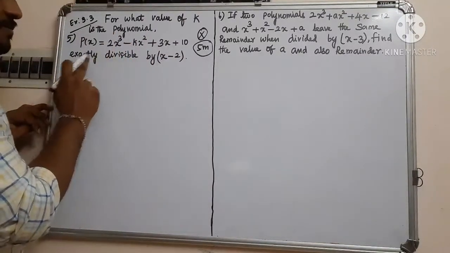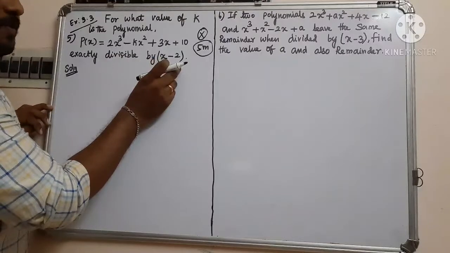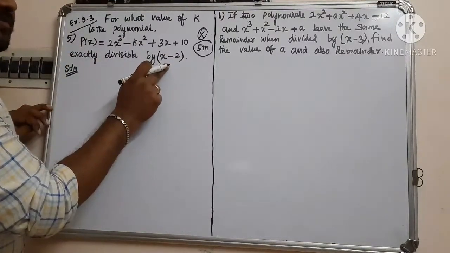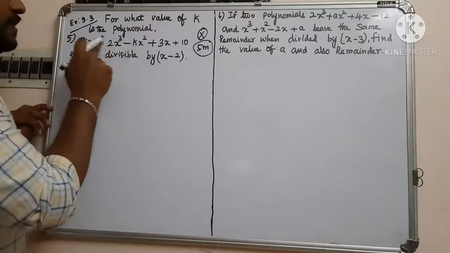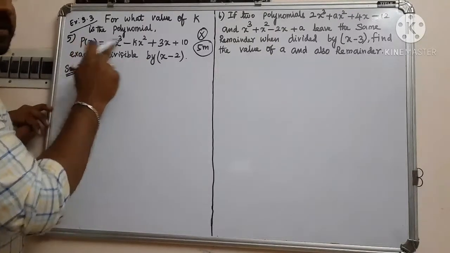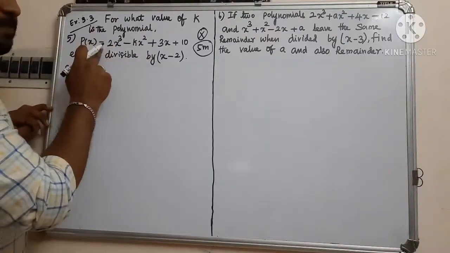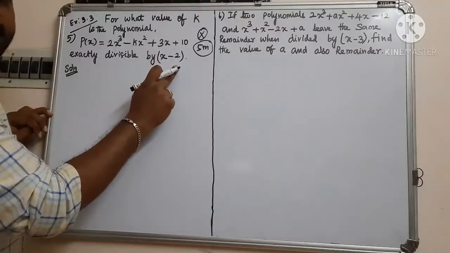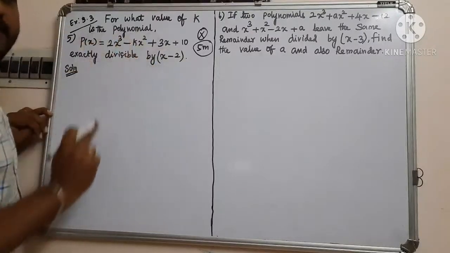So they have given x minus 2 as the second polynomial. When you substitute the value in p of x, that should be g of x. So p of x must be exactly divisible by x minus 2. That means the remainder must be equal to 0.